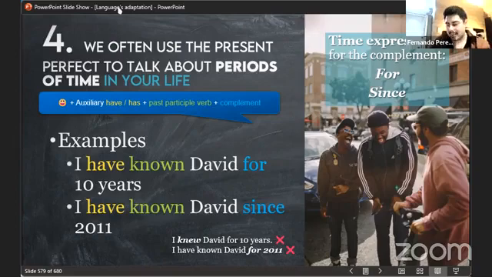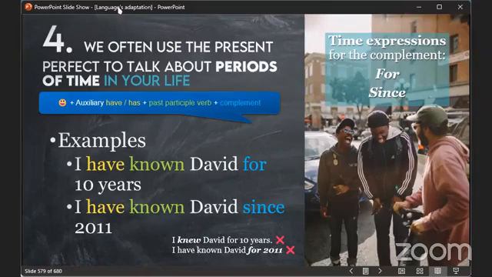I like it. The same sentence using since. I have lived in Mexico City since 2010.